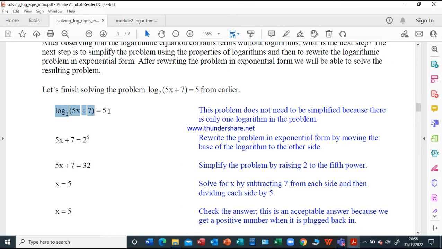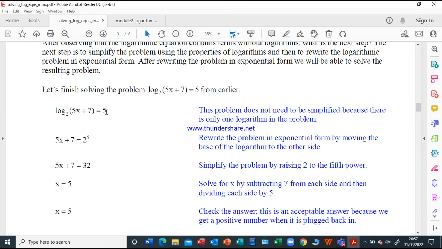This is a classic example of an equation that has logarithms on one side and no logs on the other side. This problem does not need to be simplified because it's already combined. All you need to do in step number 2 is pick the base. I've highlighted the base.